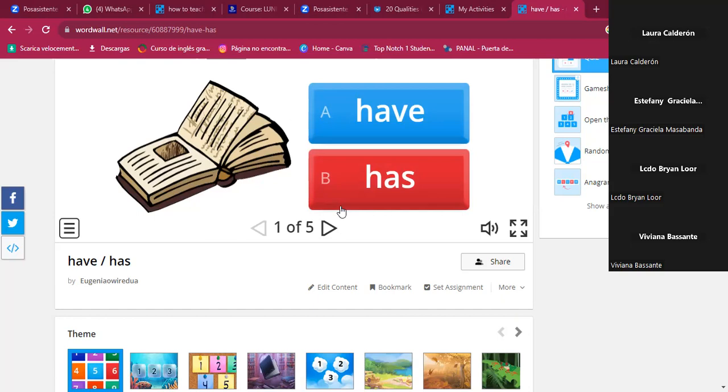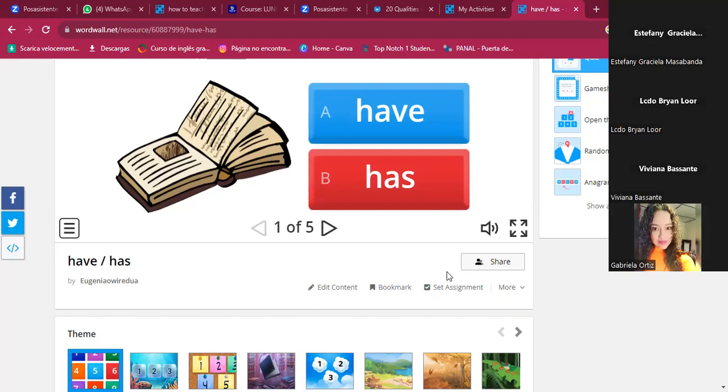Okay, you can create it on Wordwall, but we're not going to have too much time, right? But you can use any of these games that you have here. You have to show me that you are using the platform. Laura, can you share your screen, or do I have to give you permission? No, I can share, teacher. I share my screen right now.